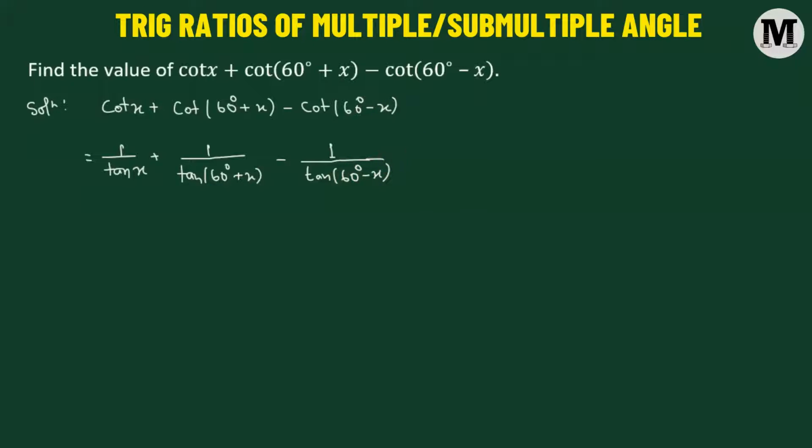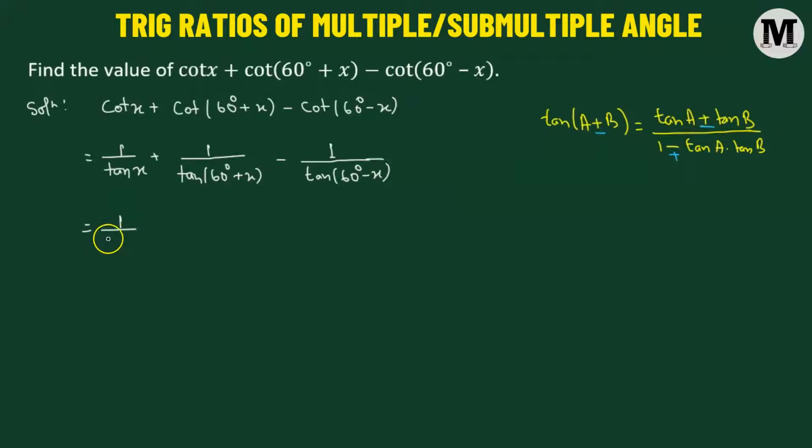Now, we know there's a standard formula for tangent of A plus B. That's given by tangent of angle A plus tangent of angle B divided by 1 minus tangent of angle A times tangent of angle B. Now, if we take tangent of A minus B, then in the numerator we'll have tangent of A minus tangent of B, and in the denominator we'll have 1 plus tangent of A times tangent of B. So using this formula, we can express the denominator of the second term and the third term in the given form.